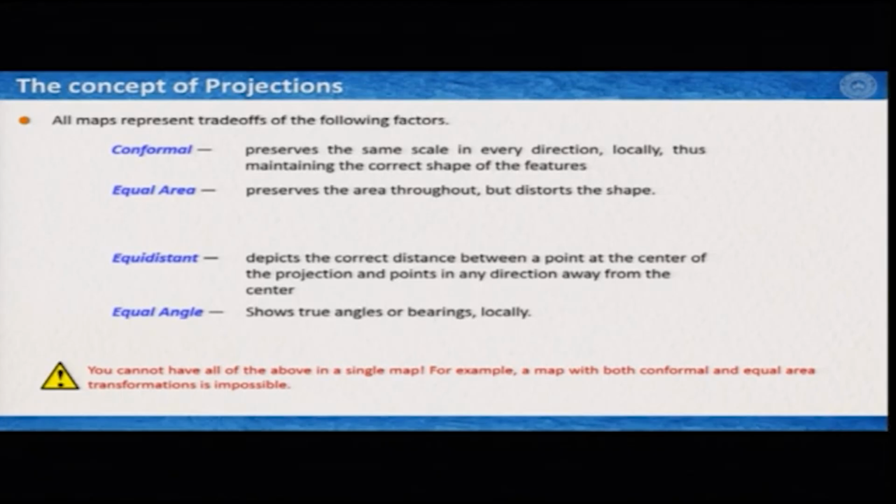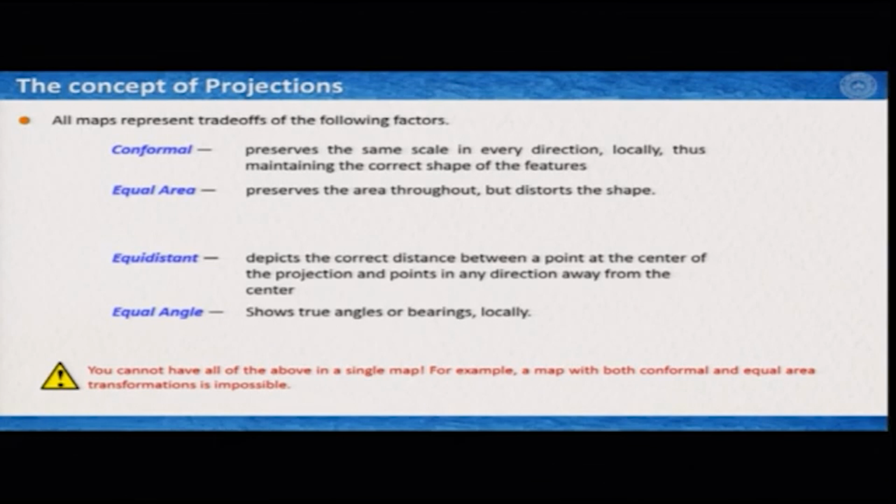On the other hand, the equidistant projection depicts the correct distance between a point at the center of the projection and points in any direction away from the center. So, conformal mapping keeps the shape, and equidistant projection keeps the distance between 2 objects. In an equal area map, you preserve the area, but it distorts the shape, and in equal angle you keep all the angular relationships equal to the projected map.